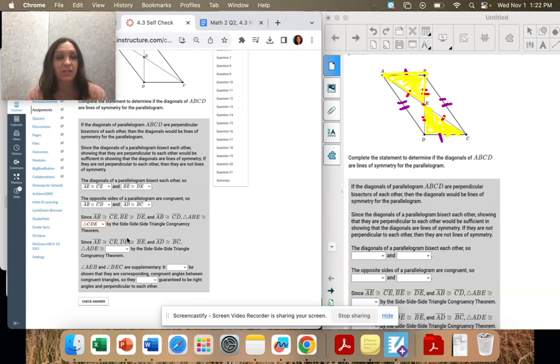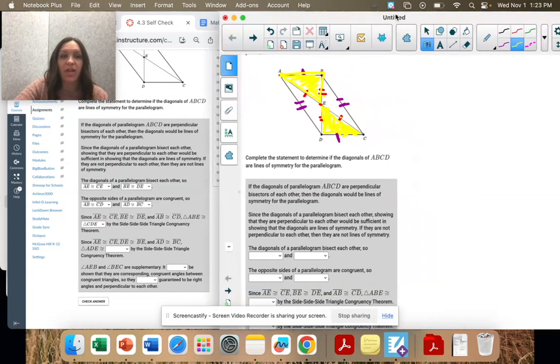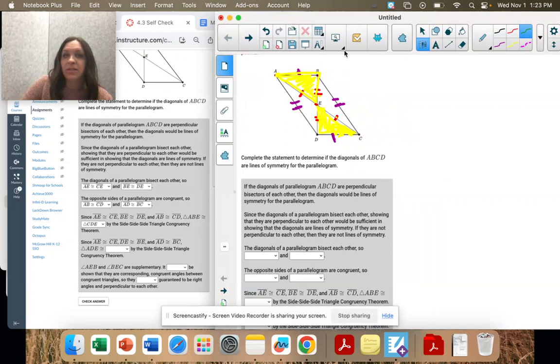Then we're going to do the same thing. Since AE, CE, yep. DE, BE, yep, we found that up there. AD, BC, we found that up there. So now we're looking at a different triangle. We're looking at triangle ADE. That's right here, ADE. This triangle is congruent to this one.